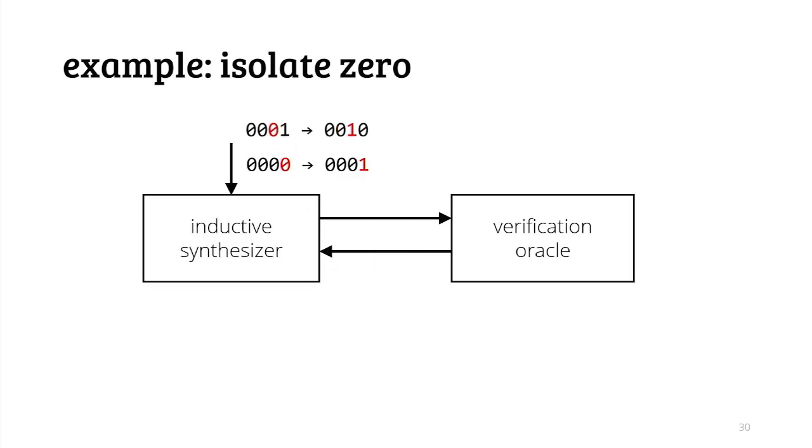OK, then the inductive synthesizer looks at both of those examples and says, oh, maybe it's plus 1, right? Because 0 goes to 1, 1 goes to 2. Maybe it's x plus 1. The verification oracle will be like, no, if the input is 5, the output should be 2, right? So please consider that example as well. And then the inductive synthesizer is like, OK, I guess it's this program. And then the verification oracle is like, great. OK?